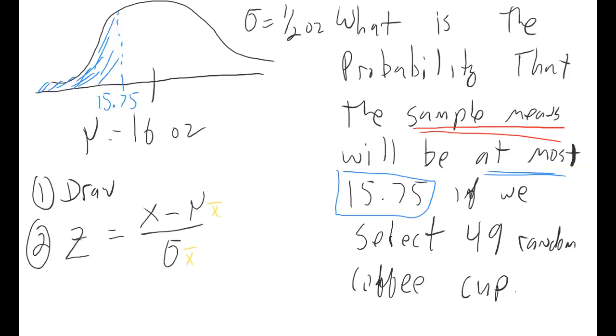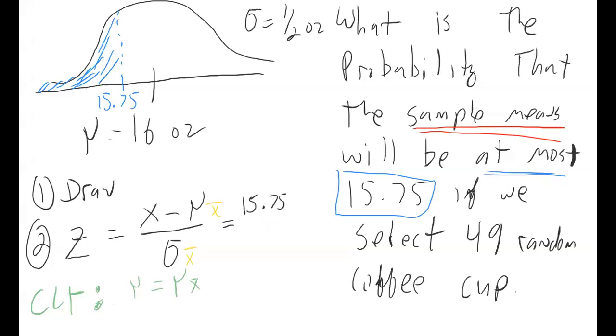So now we have to remember the central limit theorem. So CLT: mu equals mu x bar, right? So that means our x is still the same. Let me clean this up a little bit. Our x is still the same, so 15.75.